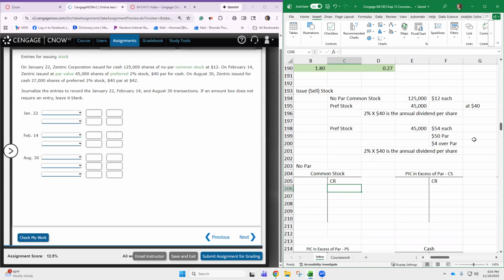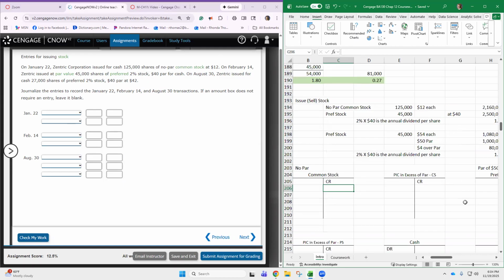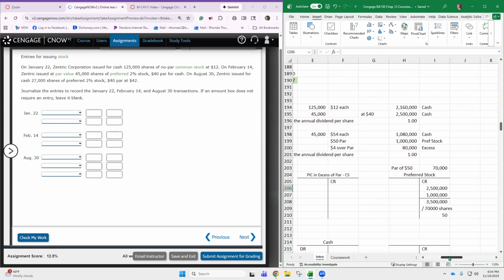Let's go ahead and do the common stock. Okay. So we issued 125,000 shares at 12. Okay. So let me see if over here is my calculations. I figured as much. So what we're going to do is take 125,000 shares at 12.